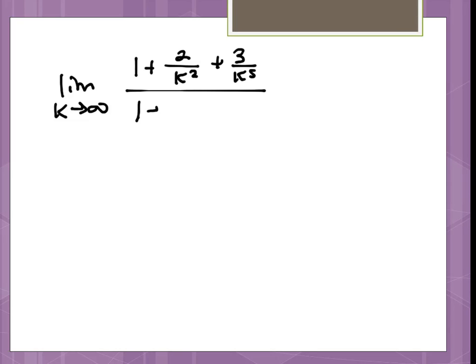So we end up getting the limit as k goes to infinity of 1 plus 2 over k squared plus 3 over k to the fifth, all over 1 plus 2 over k cubed plus 4 over k to the fifth.